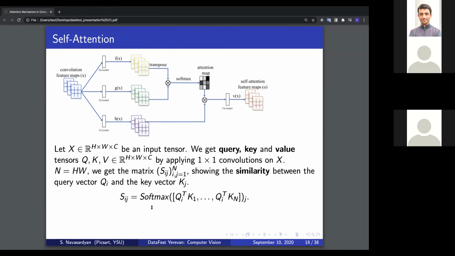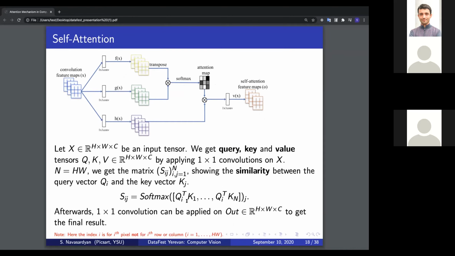As in the previous case, for each i, we take the i-th query qi, compute its dot products with all key vectors and compute softmax over it in order to interpret the values sij as probabilities.